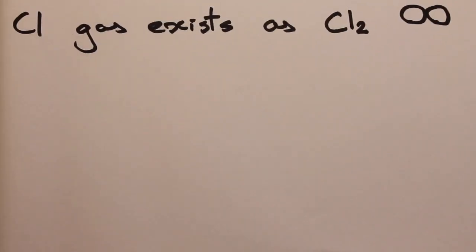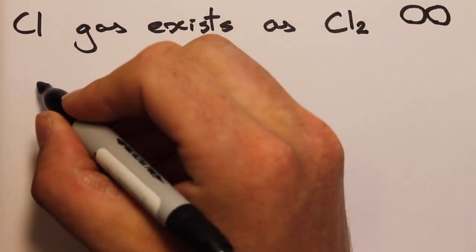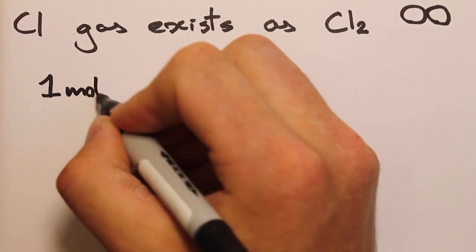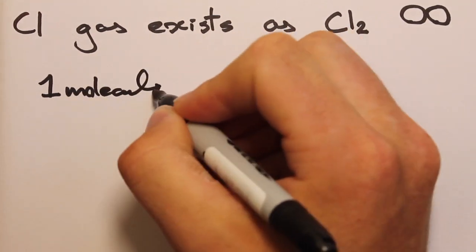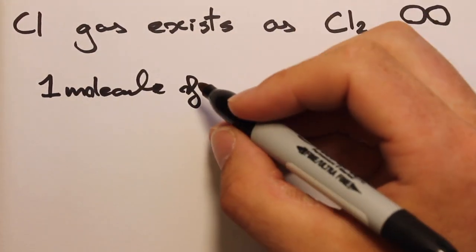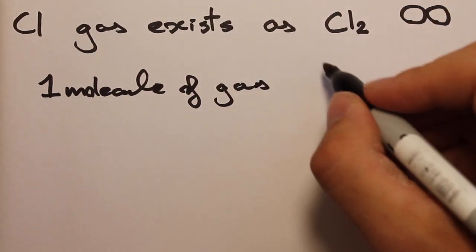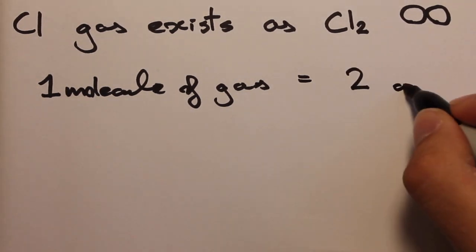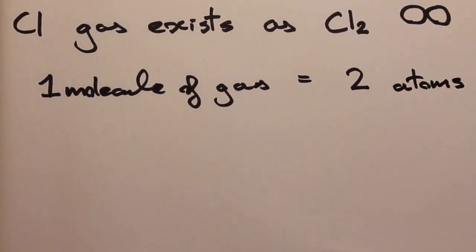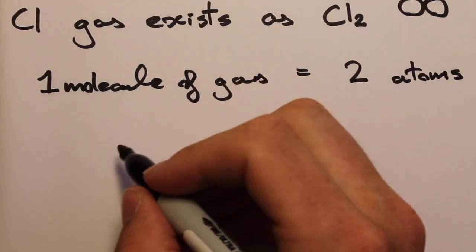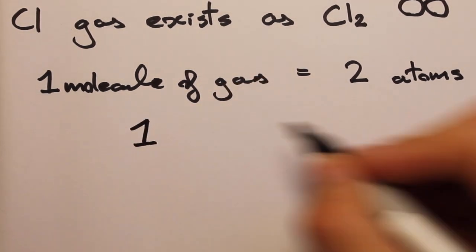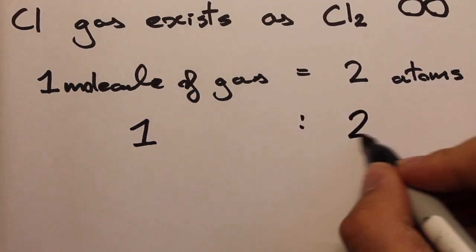So essentially, one molecule of gas is equal to two atoms of chlorine. So we've got a ratio of 1 to 2.